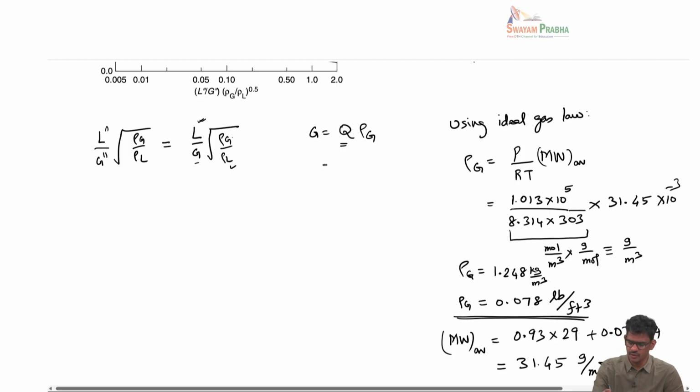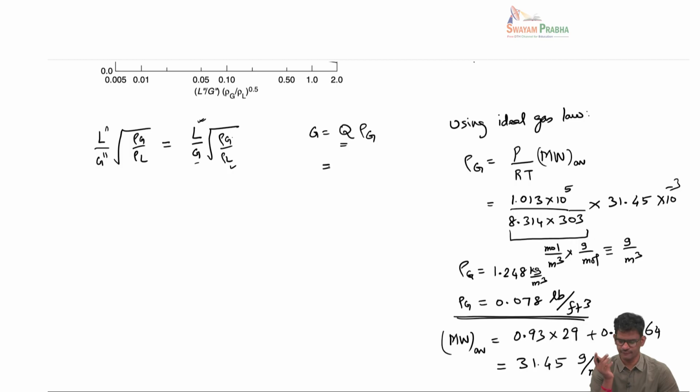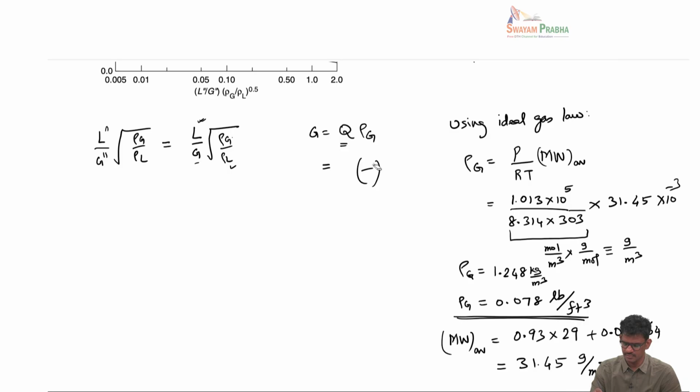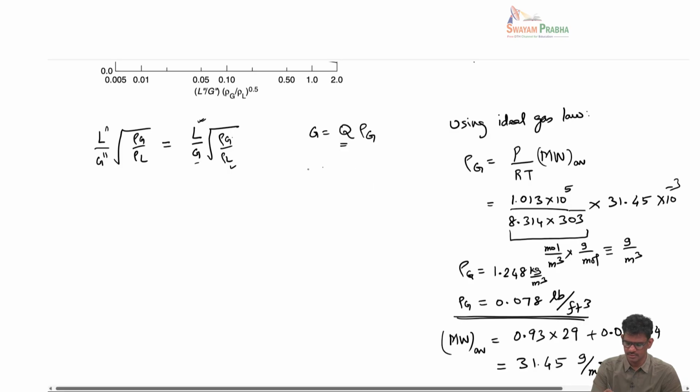Now I can go back and calculate the mass flow rate of gas, which is the volumetric flow rate, 0.8 meter cube per second, multiplied by the density. I need to convert this also into English units. So Q is 0.8 meter cube per second.